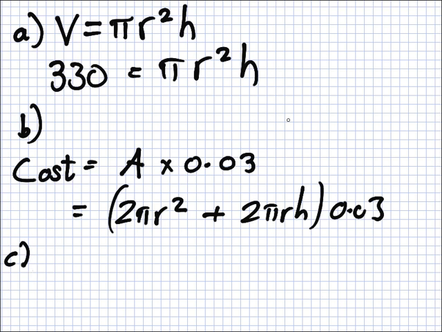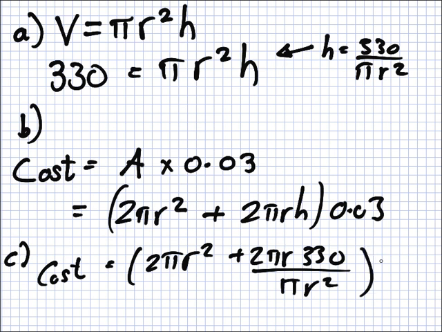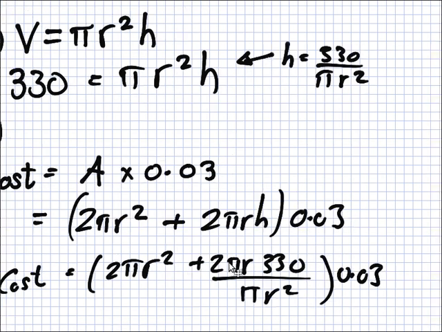So if you were to take the constraint equation, you could say h equals 330 over pi r squared. So now you get the cost equals 2 pi r squared plus 2 pi r times 330 over pi r squared, times 0.03.